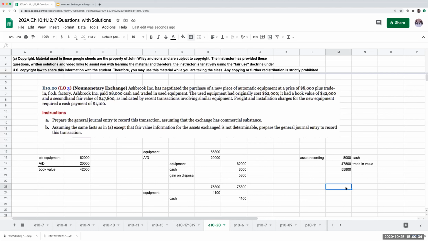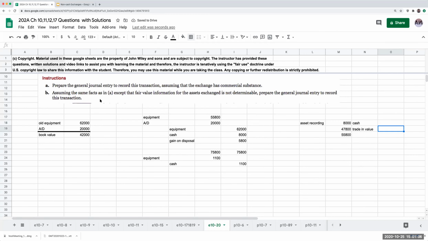So, taking a step back, does this transaction have commercial substance?